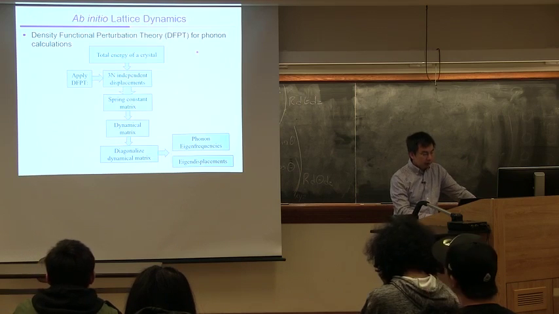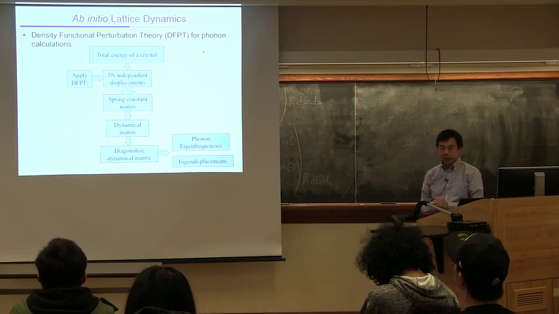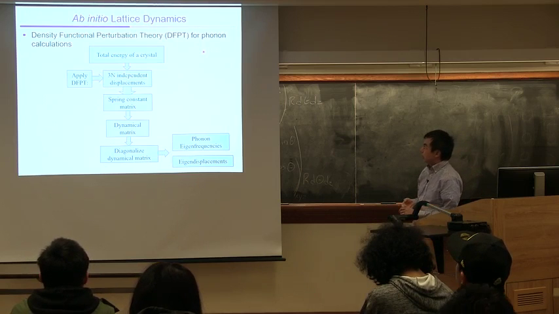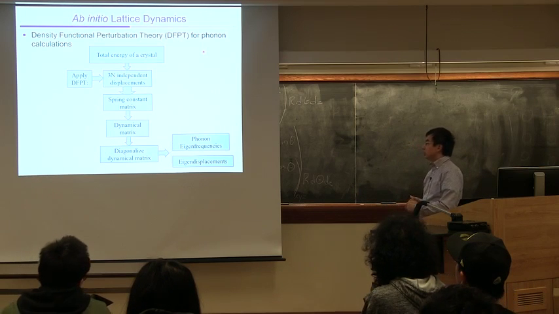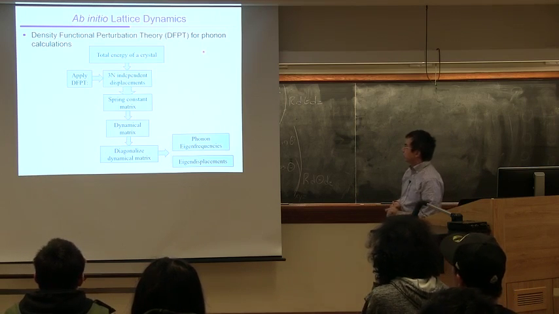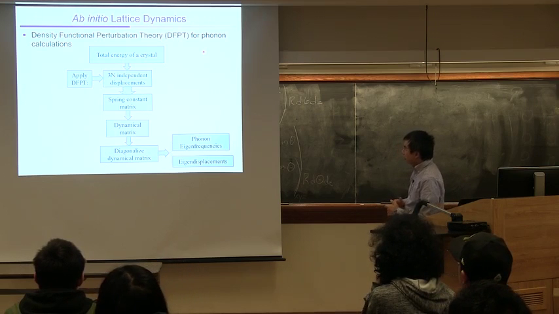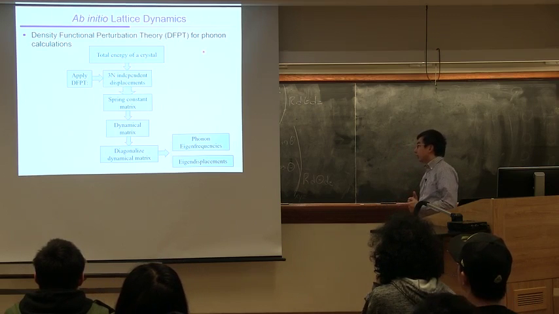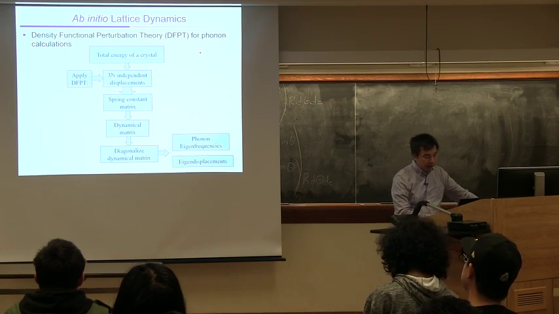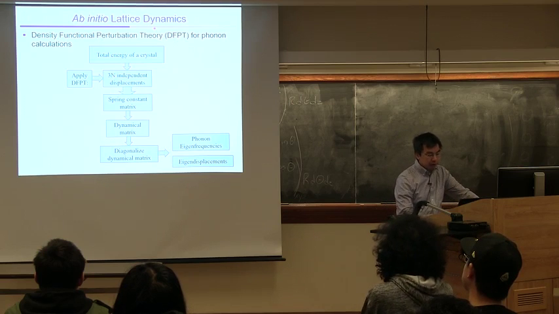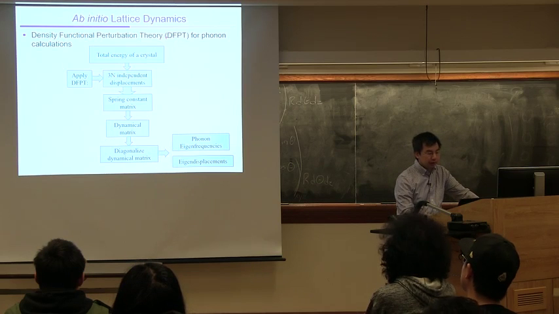Okay, how do we do ab initio lattice dynamics calculations? For lattice dynamics, we need a dynamical matrix. That's all we need in order to generate the eigenvalues and eigenvectors. For the ab initio calculation to be able to run lattice dynamics, we need some perturbation. We call it density functional perturbation theory. It's not just simple density functional theory.